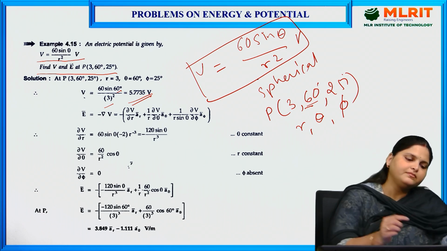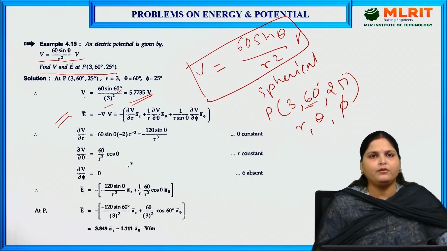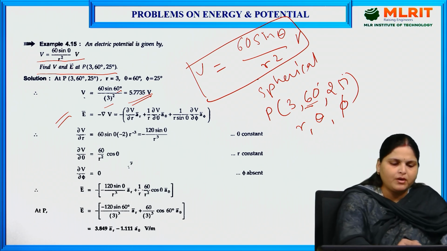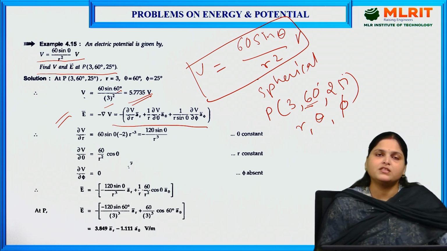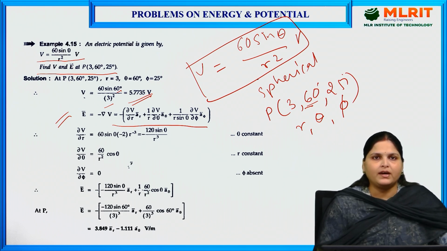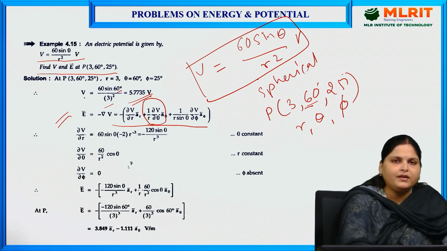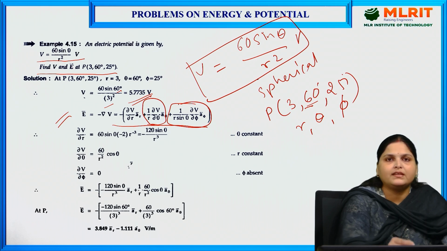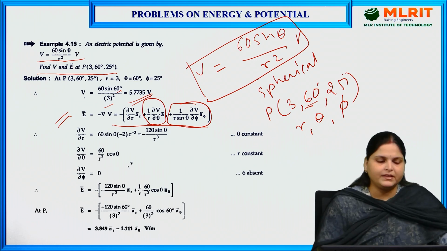Next, we have to calculate E. So the formula of E is minus del V. We will write the formula of the del operator for the spherical coordinate system. This formula is dou V by dou R AR plus 1 by R dou V by dou theta A theta plus 1 upon R sin theta dou V by dou phi A phi, right?